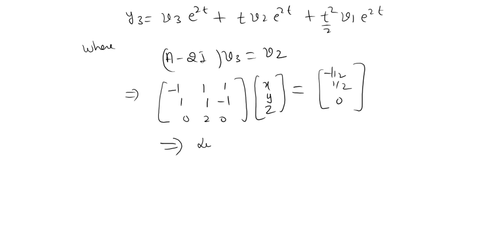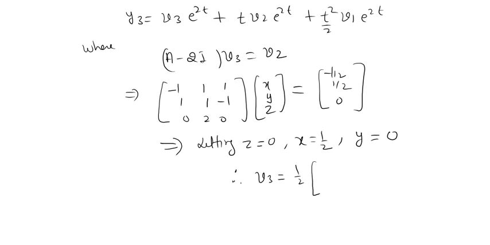So by letting z equal to 0, you got x equal to half first component and second component is 0. So therefore v3 is 1 by 2, you can take outside, so this is 1 0 0. Okay, so finally y3 will be v3.